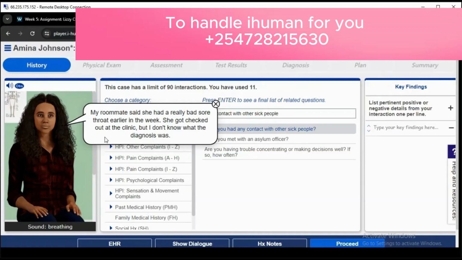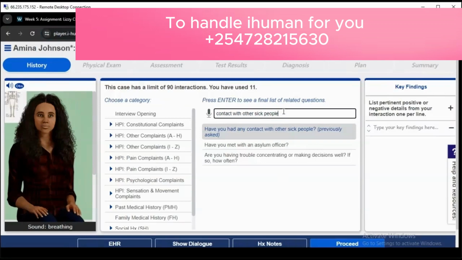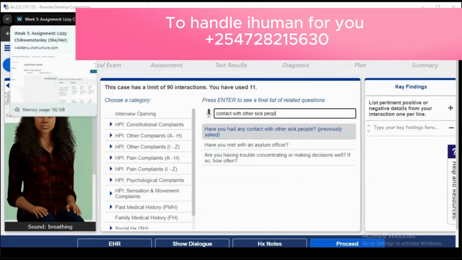Like in a real life situation, when you're dealing with a patient, you realize that the patient's reason for encounter is always symptoms. Now, one symptom or maybe two symptoms can be related to more than one health condition.